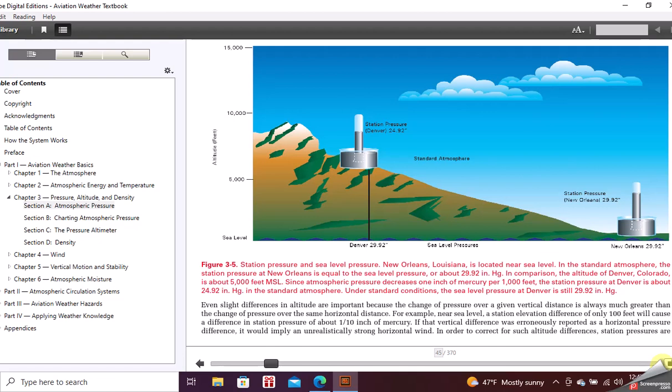So many times the corrections are applied due to temperature. So if you know what the temperature is in the lowest part of the atmosphere, you know what the elevation is, then we can come up with a much better approximation of what the actual sea level pressure is at Denver or at any other location.